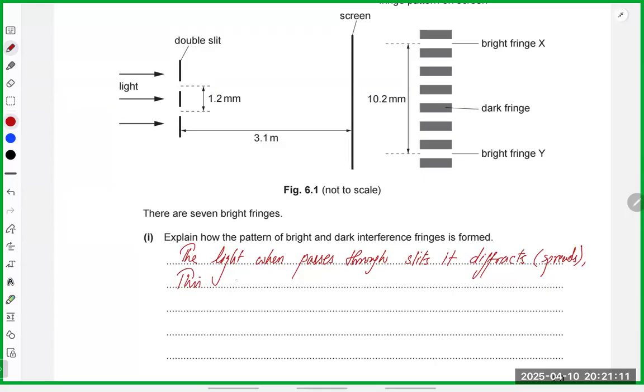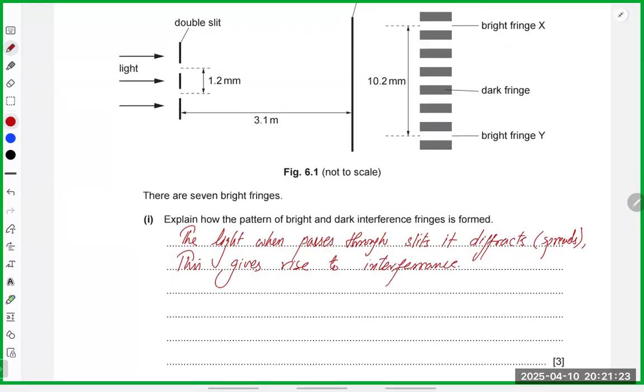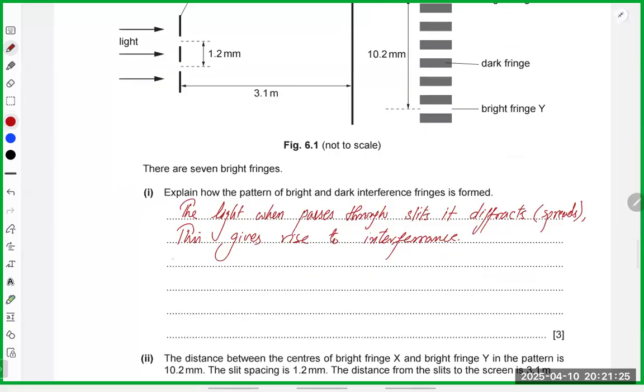This gives rise to interference, where waves from the two slits meet in phase.